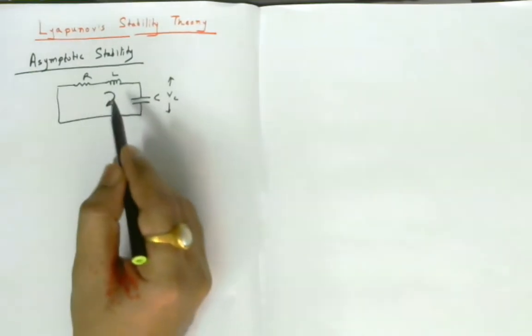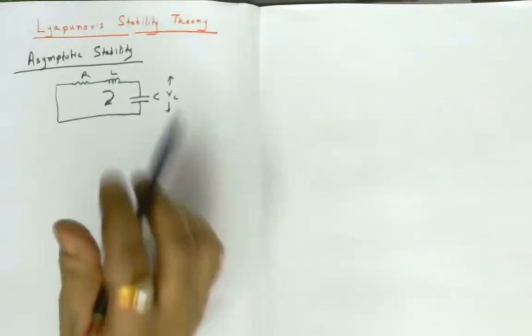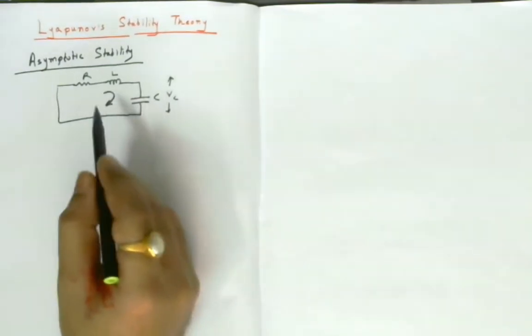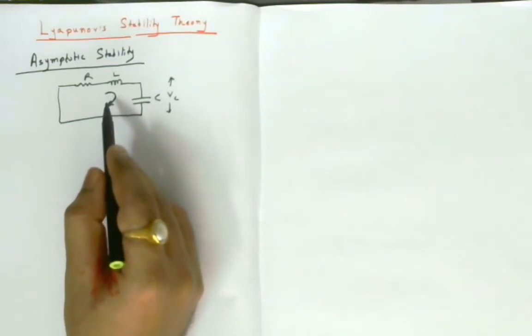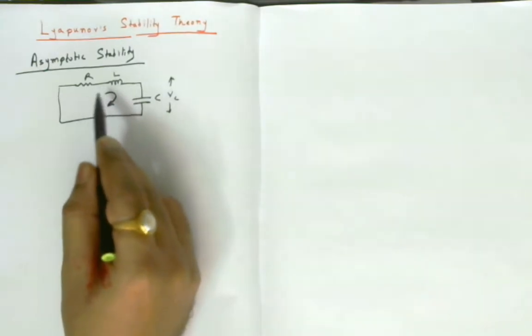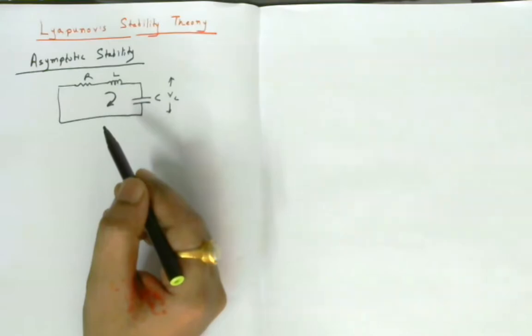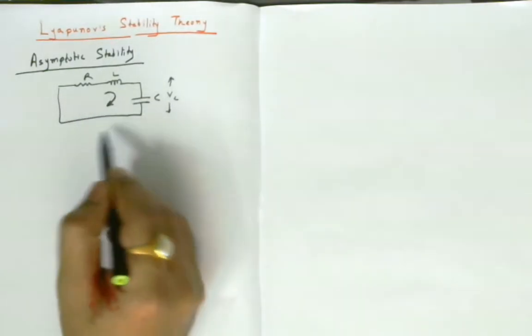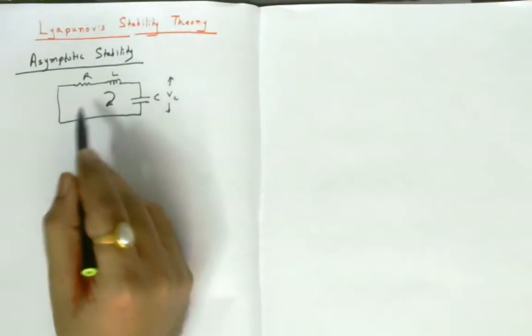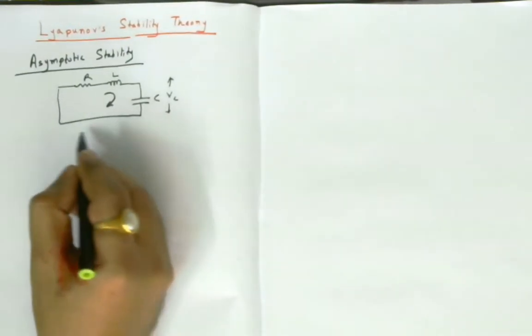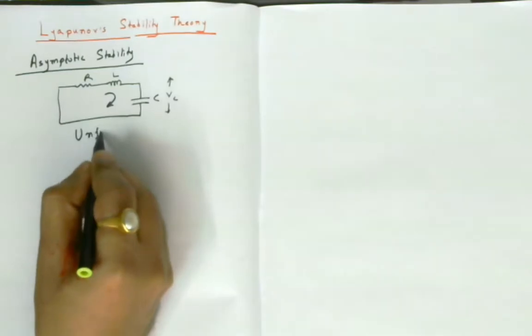But after some time, there should be no current, because ultimately the resistor will dissipate all the energy. So what type of system is it? Is it a forced system or an unforced system? It is an unforced system.